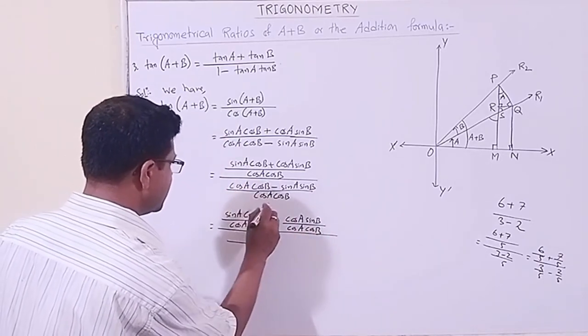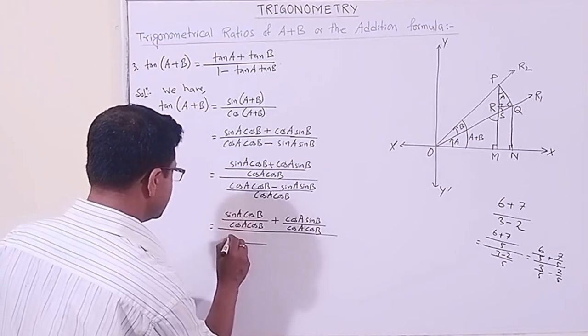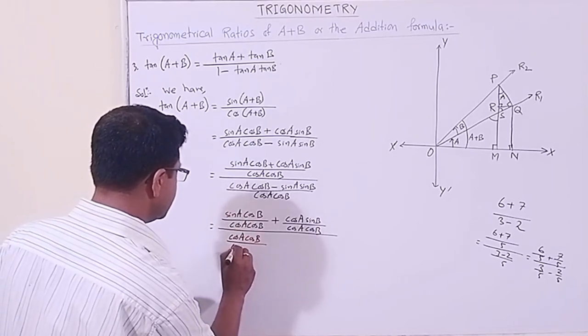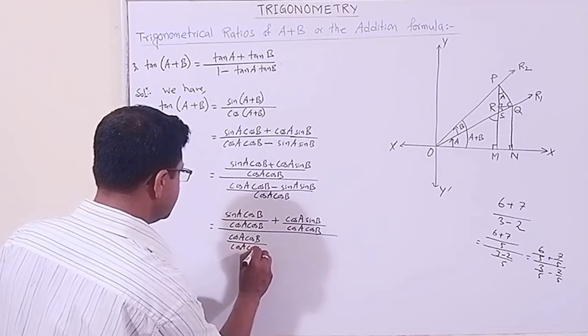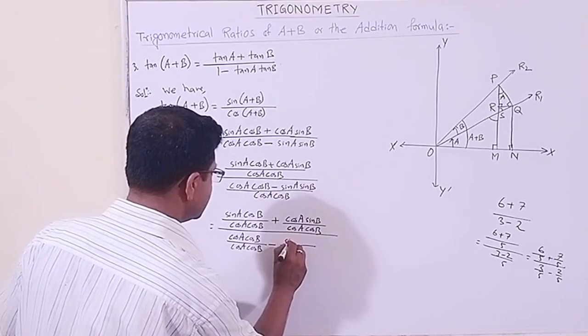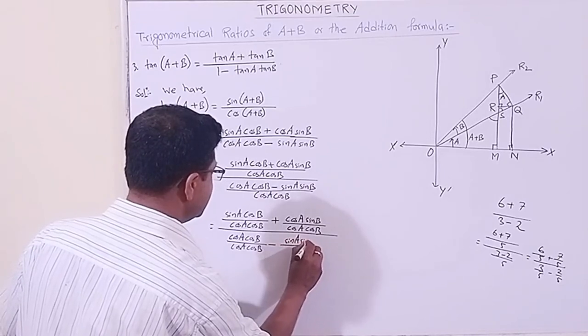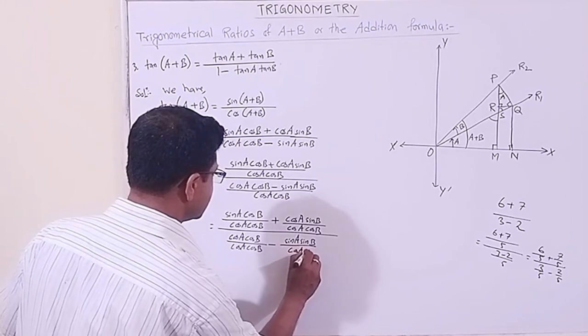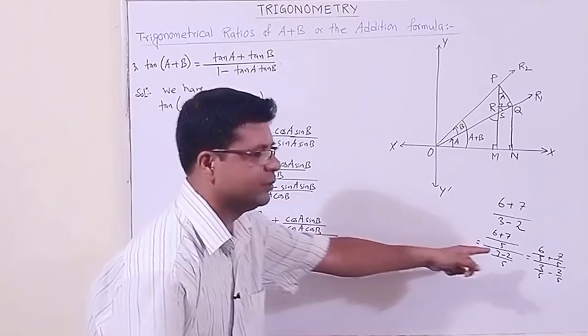Cos a cos b divided by cos a cos b, the same thing, isn't it? Cos a cos b minus sin a sin b divided by cos a cos b. Like that we have done here.